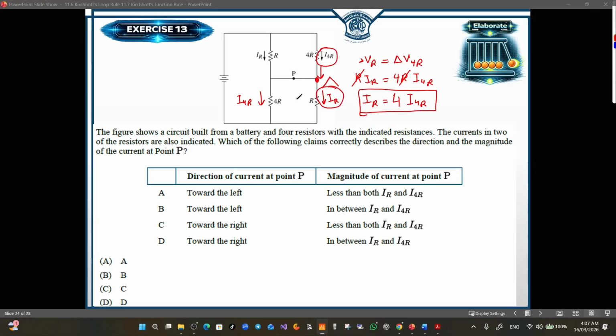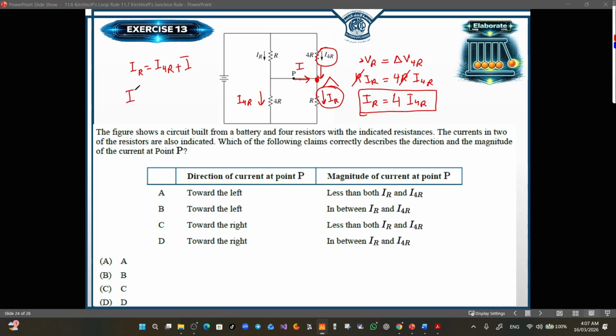According to the junction law, the current entering the junction should be equal to the current leaving the junction. So we must have here a current such that this current, in addition to this current, will make up the current through the R. The direction of the current is into the junction, so to the right-hand side, and the value of this current cannot exceed IR, because IR is equal to the I4R plus this missing current.